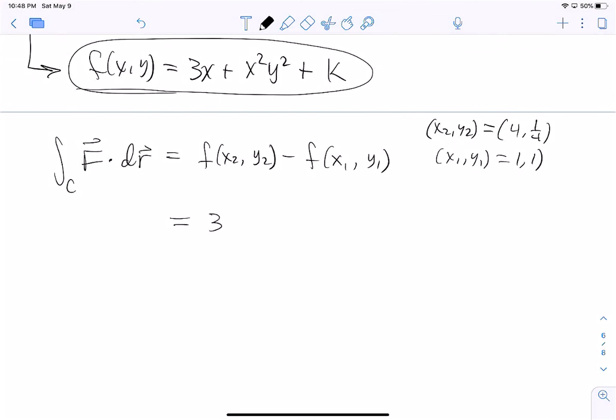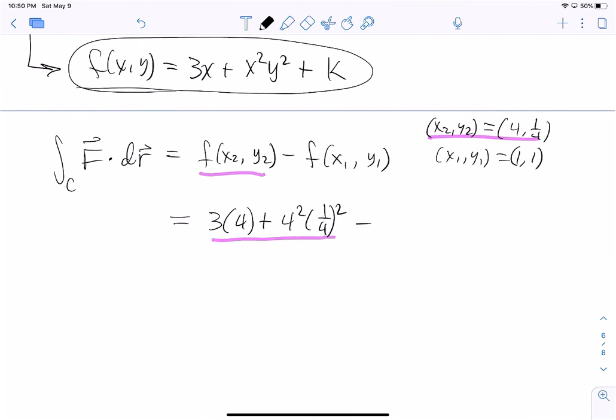So I've got 3 times 4 plus 4 squared times (1/4) squared. That's what I get when I evaluate the potential function f at (4, 1/4). Subtract off the quantity 3 times 1 plus 1 squared times 1 squared, the values that we get when we evaluate the potential function at the point (1, 1). The result is 9.